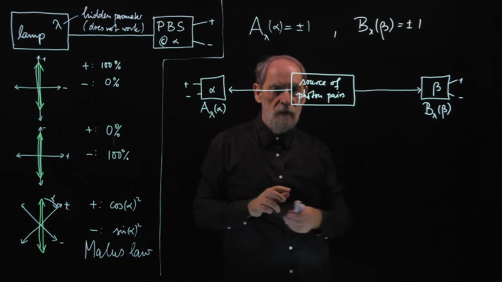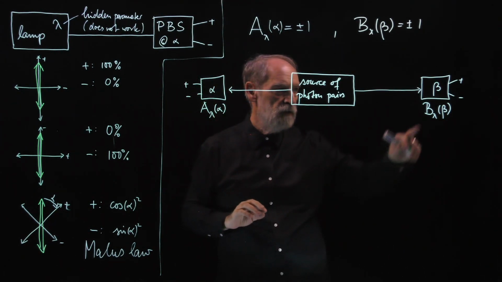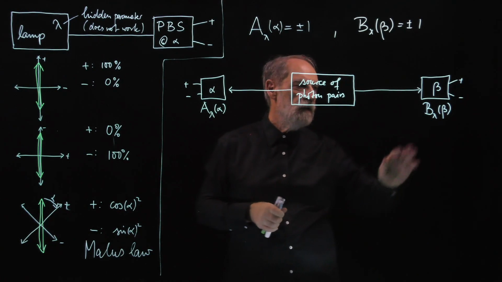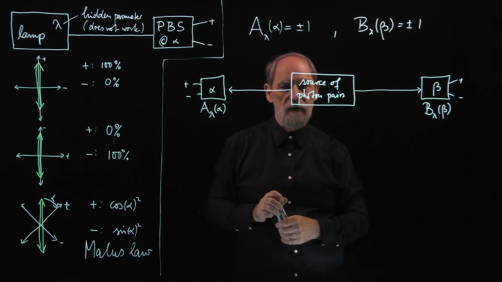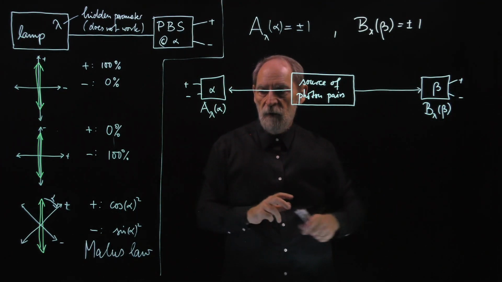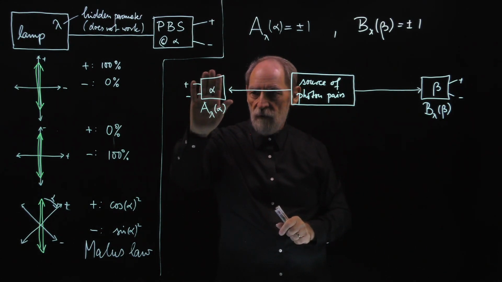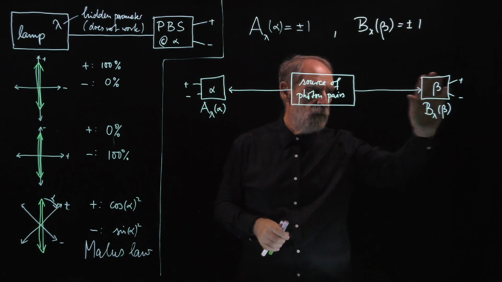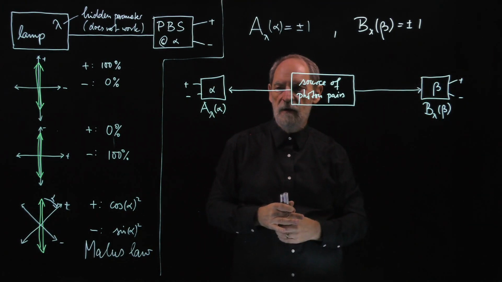What is important here is that we have no dependence on the angle beta on the left and no dependence on the angle alpha on the right. And why is that? Well, the photons are sent to different experimental stations. In one lab we examine this photon, in another lab we examine this photon. There's an experimenter in this lab, there's another experimenter in this lab.